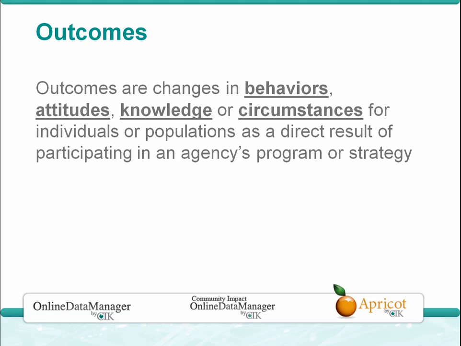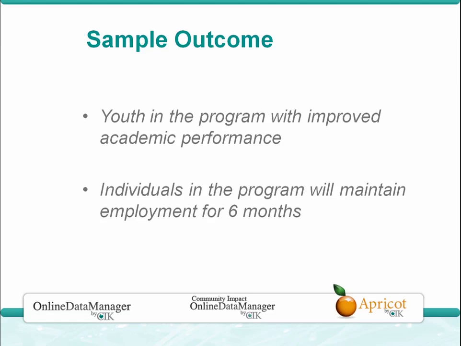One or more of those four need to be accomplished for it to be an outcome. And that is what you want to track, is the number of people that do achieve those results. So again, sample outcomes: youth in the program with improved academic performance, or individuals in the program will maintain employment for 6 months. So that's samples of outcomes.